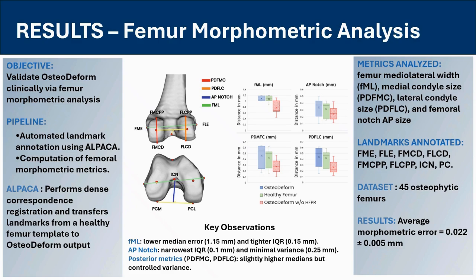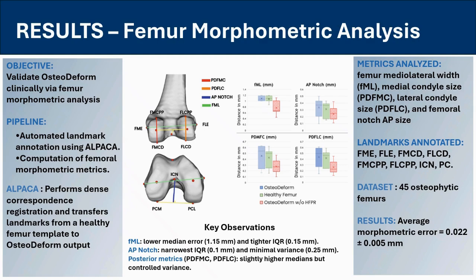Across 45 test femurs, the average morphometric error was only 0.022 with a standard deviation of 0.005 mm, showing that Osteodeform maintains high anatomical accuracy. This method is especially strong in preserving anterior anatomical regions, crucial for surgical planning.